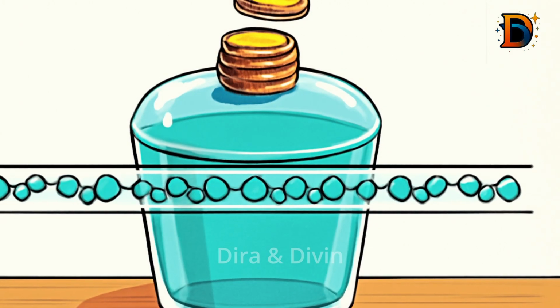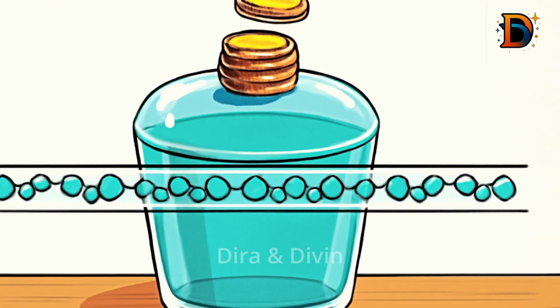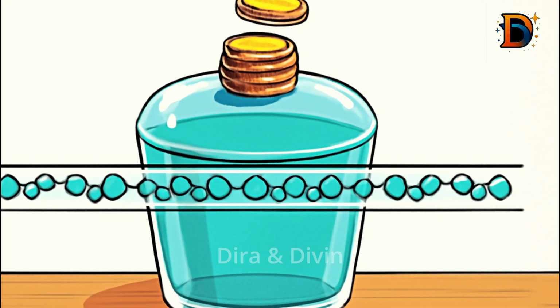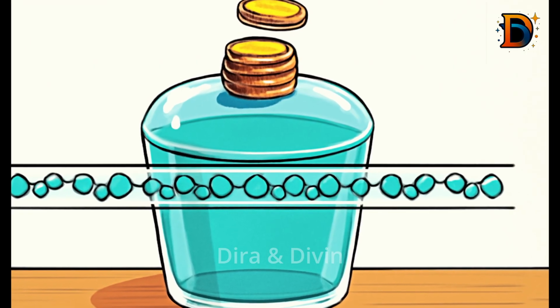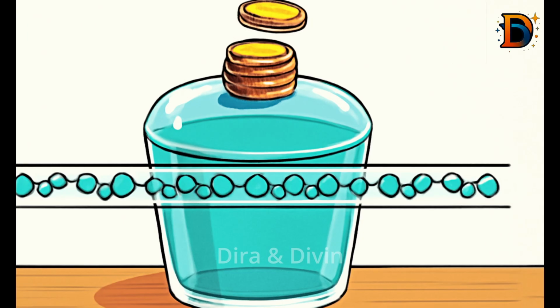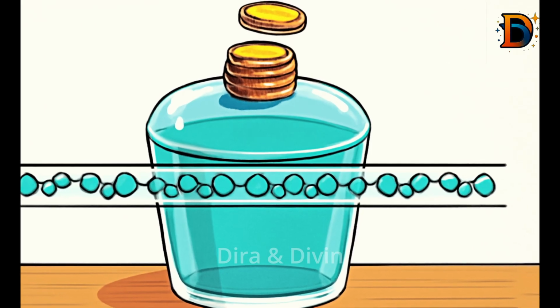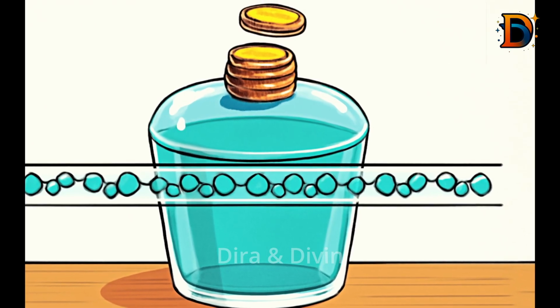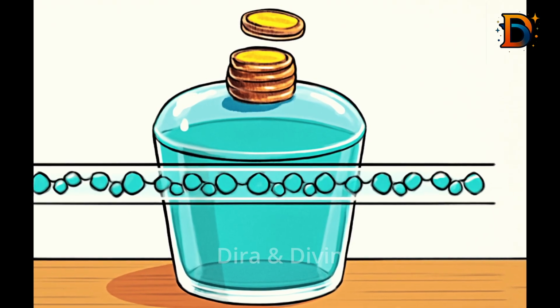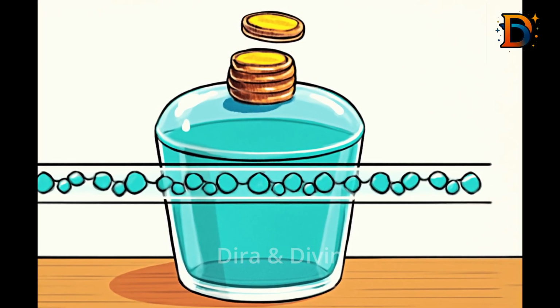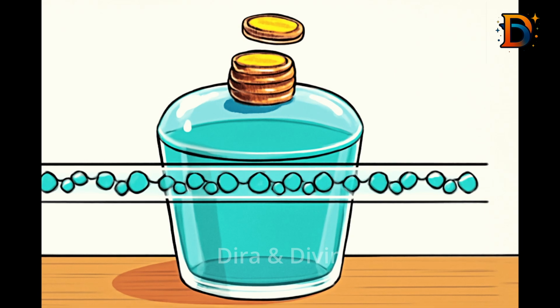Another fun experiment. First, fill a glass to the very top with water. Slowly drop in coins, one at a time. You will notice the water bulges above the rim before finally spilling, a sign of strong surface tension.